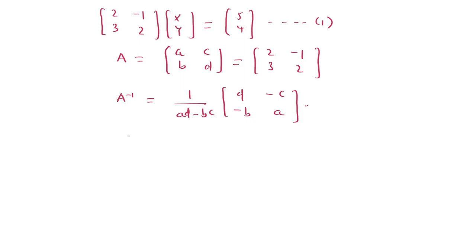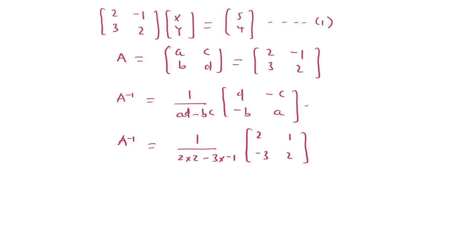Then we are going to have A inverse equals 1 over 2 times 2 minus 3 times negative 1, times matrix 2, negative 3, 1, 2.